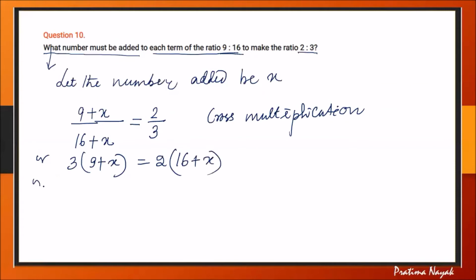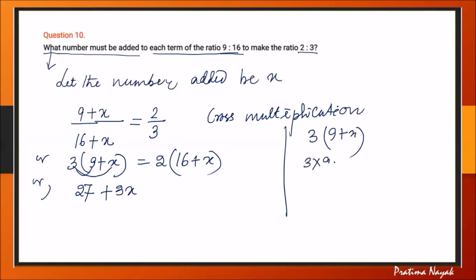Then do the multiplication. 9 times 3 is 27. 3 times x is 3x. That means when I multiply 3 into 9 plus x, I am doing 3 into 9 plus 3 into x. So this will be 27 plus 3x.